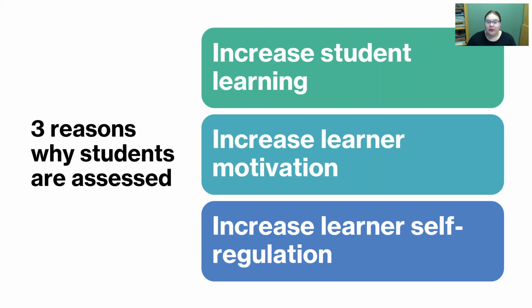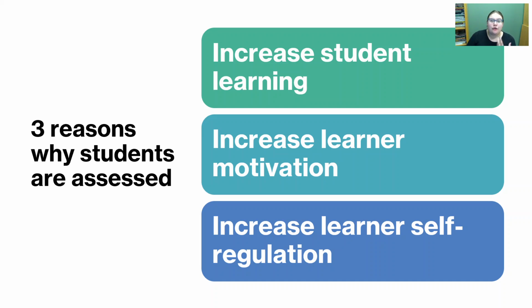So when we are thinking about the 3 reasons why we assess students, we can think of it in terms of increasing student learning, increasing learners' motivation, and then the 3rd reason is to increase learners' self-regulation. So when I talk about student self-regulation, this is talking about students monitoring their own learning process.